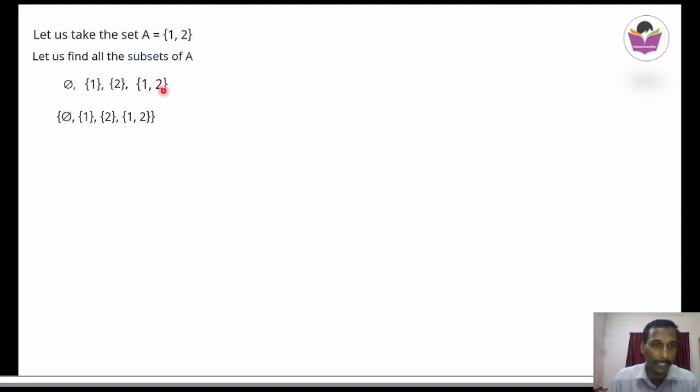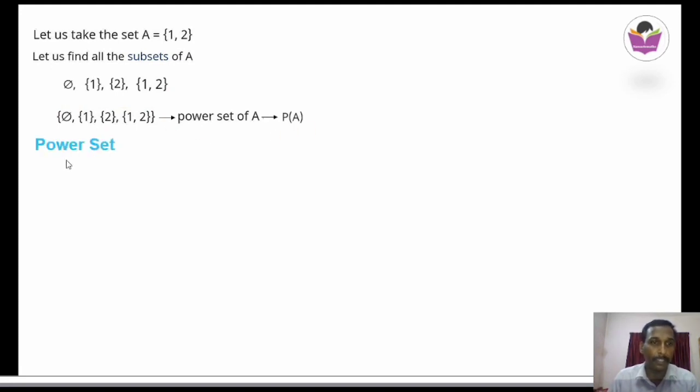These are subsets, and here when you write it, it is the set of all subsets. So this is called the power set of A. We took a particular set A, then we wrote the subsets, and then we wrote them as a set of subsets. These set of subsets are called the power set of A and written as P of A.